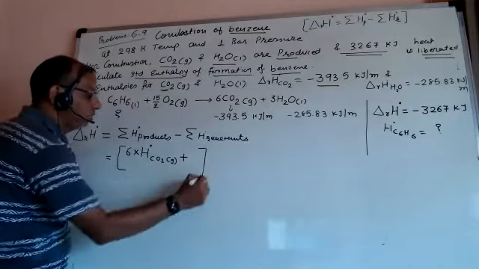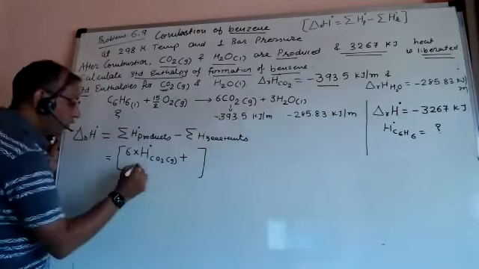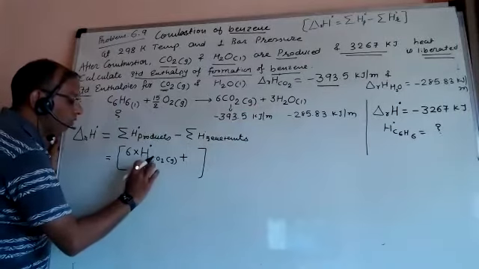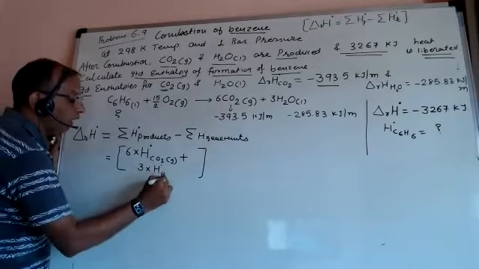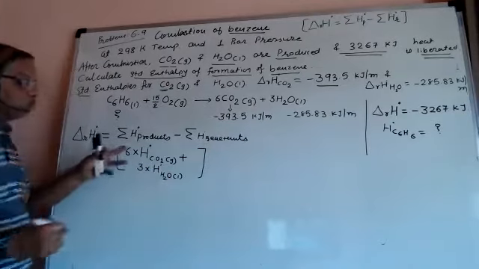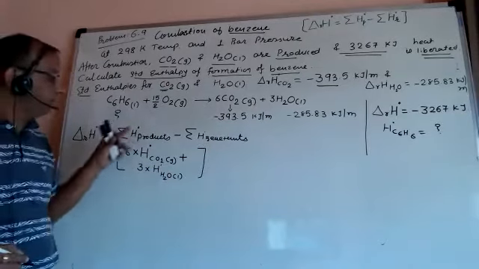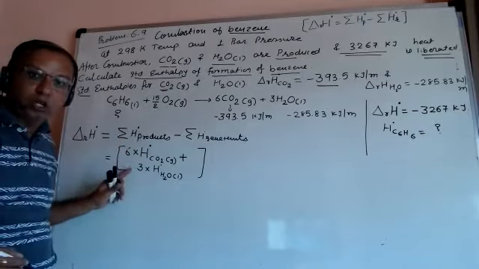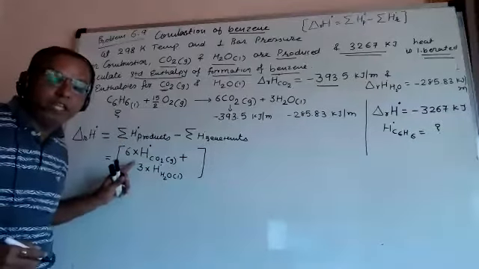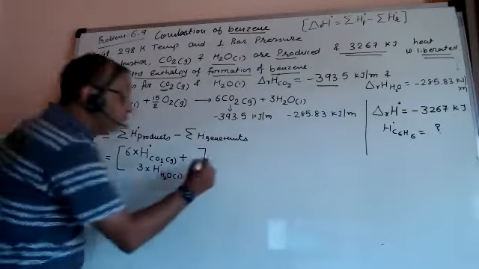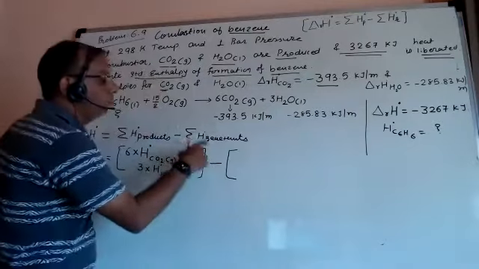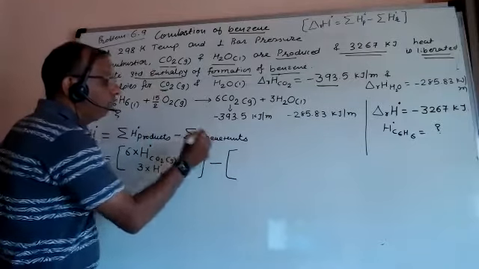Plus, friends, the moles of water, 3 moles of H° of H2O liquid. So these two are products. Sigma means addition. So here, addition of the enthalpy values of the products mentioned here, minus now sigma H° of reactant.